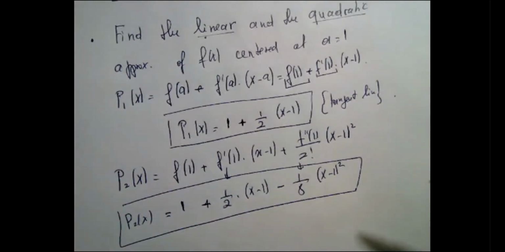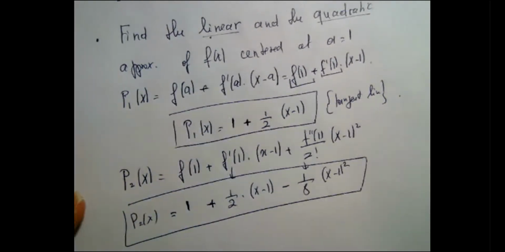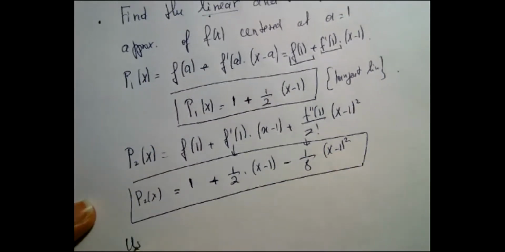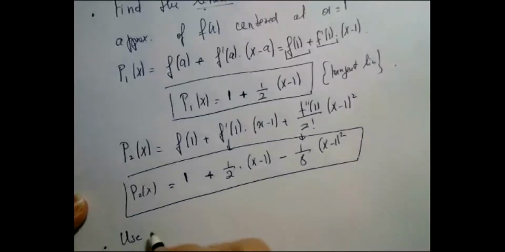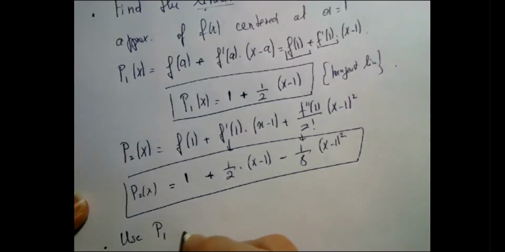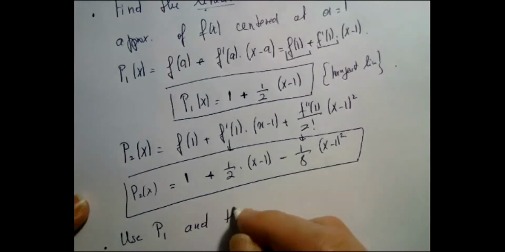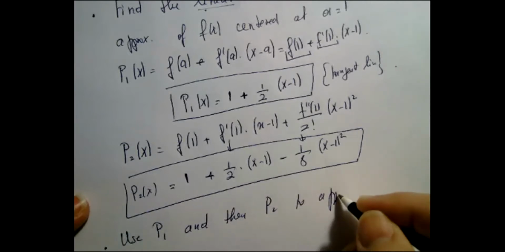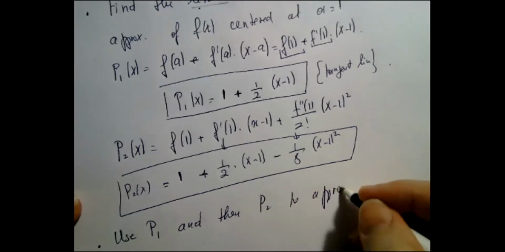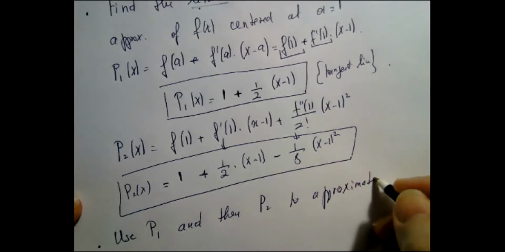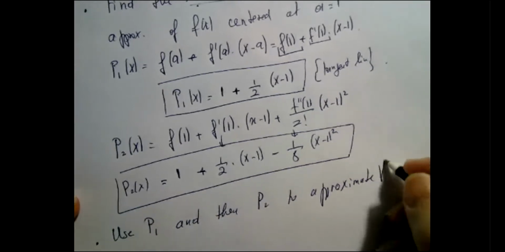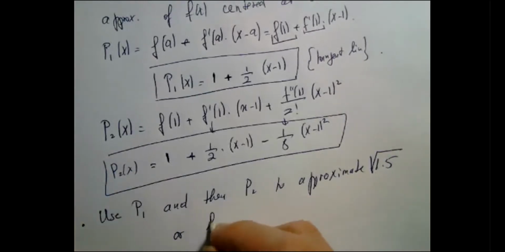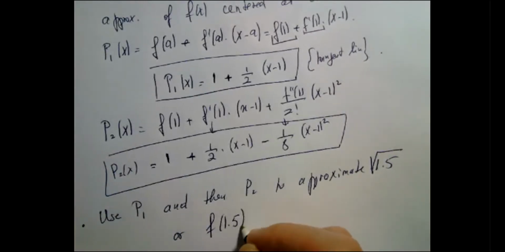And then we did the following. I asked you to use P1 and then P2 to approximate the value of the function square root of 1.5, which is basically the value of the function at 1.5.